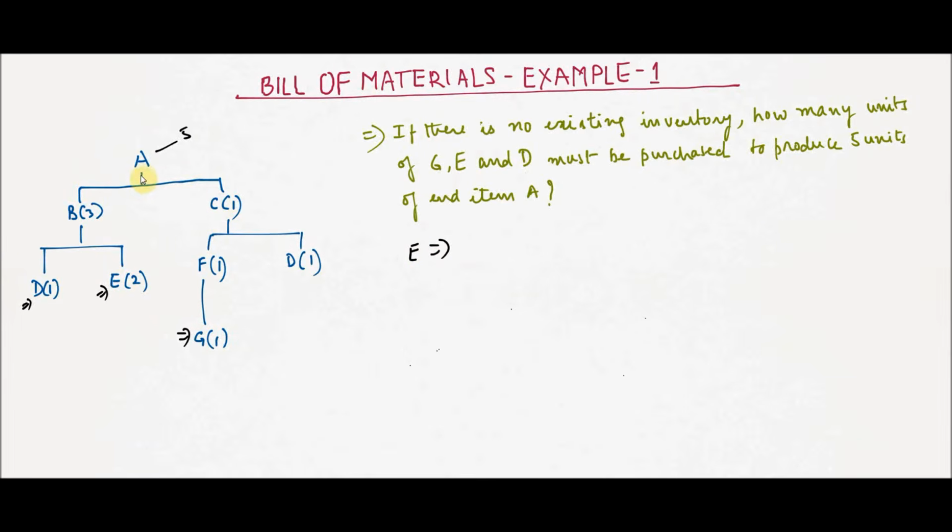Now let's see the chain, right? 1 unit of A requires 3 units of B, and 1 unit of B requires 2 units of E. So if we have to manufacture 5 units of A, the quantity required for B will be 5 into 3, so 15 B are required.